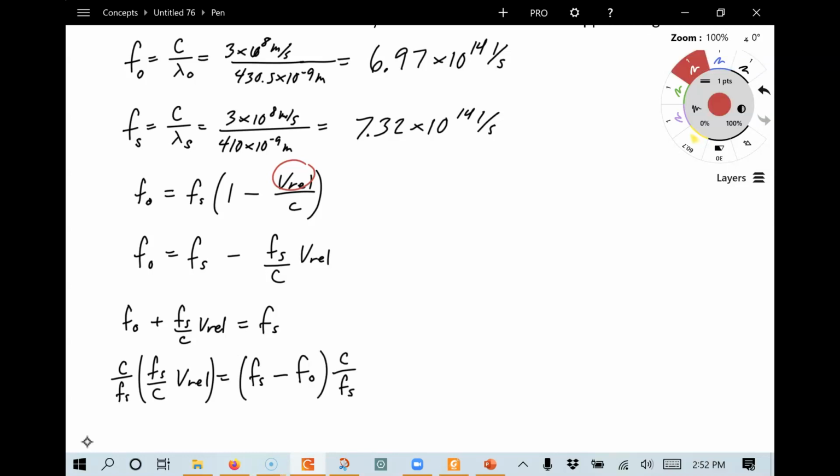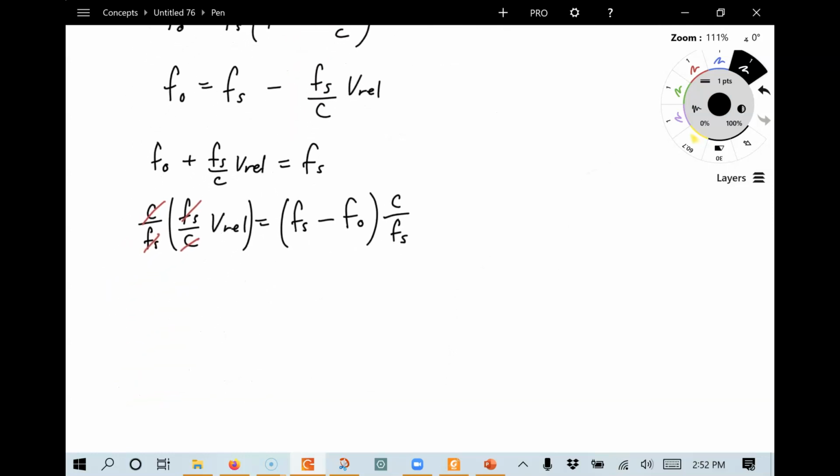And we're going to get the equation for the relative velocity here. So, V rel is equal to C over Fs multiplied by Fs minus F0. That's going to be equal to, well, this is the easier way to write it, C times 1 minus F0 over Fs. Then we can simply take the ratio.